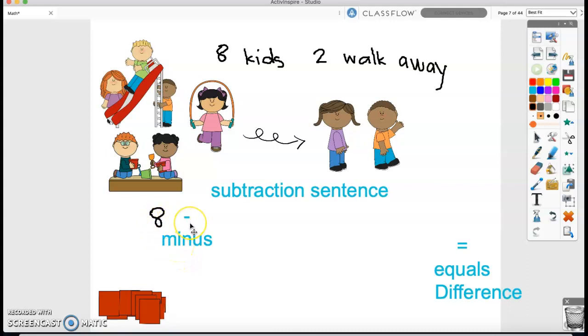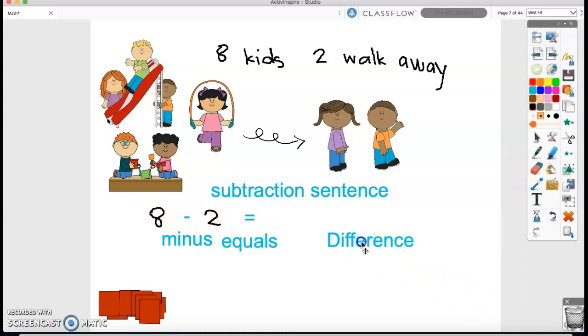So 8 minus, that means we're going to take away. And how many kids walked away? I have 2 kids that walked away. And then we put our equal signs. So we want to know what 8 minus 2 is when those 2 kids walk away from the group. And when we find that answer out, it's going to be called the difference.